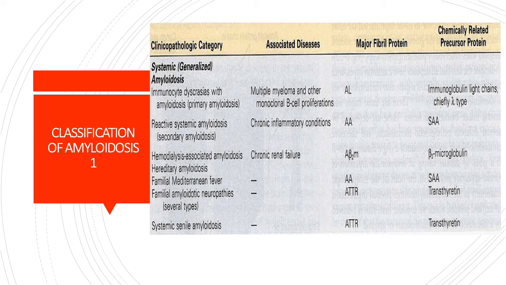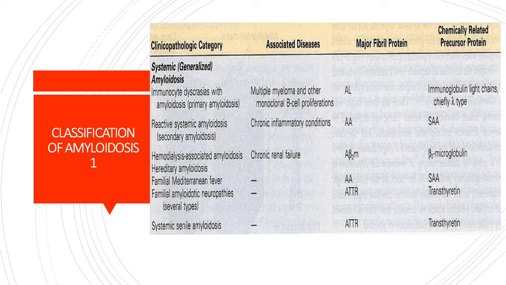Reactive systemic amyloidosis is a secondary amyloidosis which is in the background of any chronic inflammatory conditions. The protein is amyloid associated protein AA, and the precursor is SAA, serum amyloid associated protein. Similarly, hemodialysis associated amyloidosis is seen in the background of chronic renal failure, and the amyloid protein responsible is A beta 2 microglobulin, and the precursor is beta 2 microglobulin.